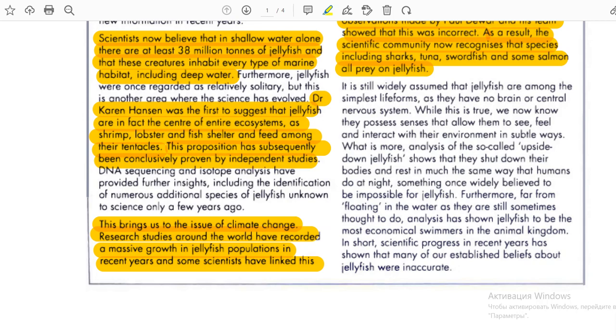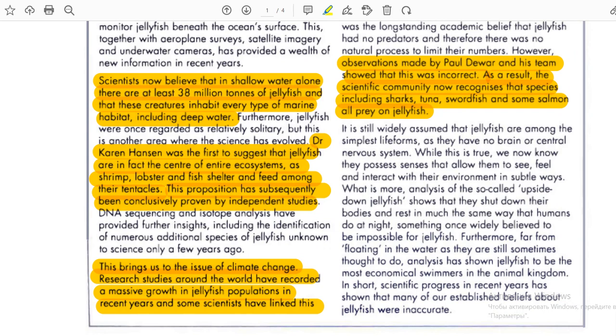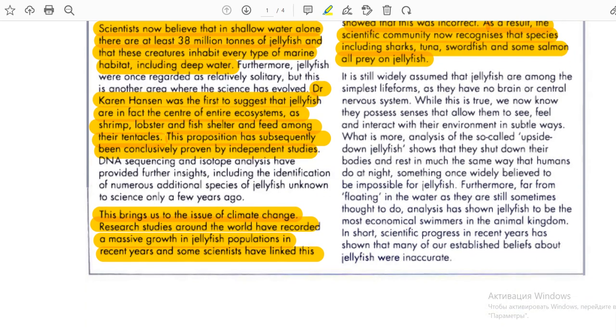Let's go further. So first, it is possible to reverse the consequences of climate change. So, focus on the meaning of reverse the consequences of climate change. What does the writer say about this? So, let's go to our third paragraph because we have already done with the second one.